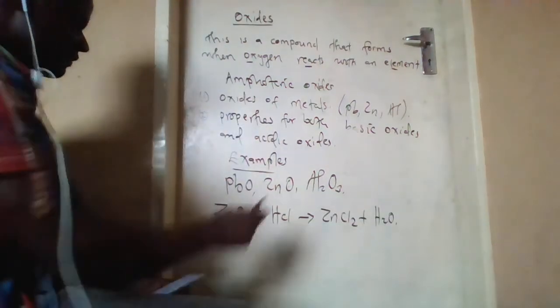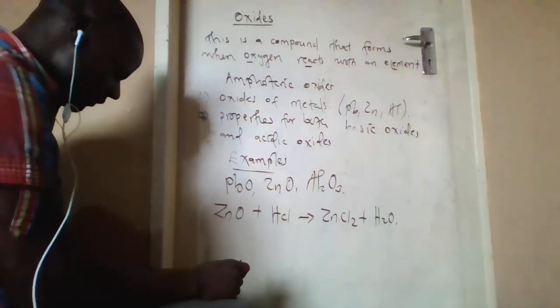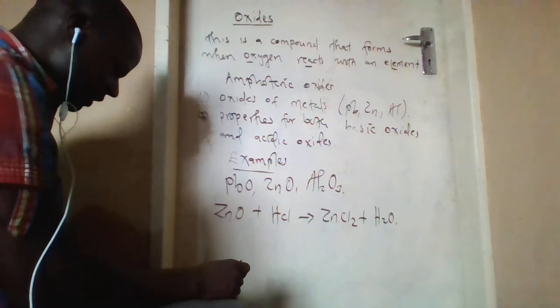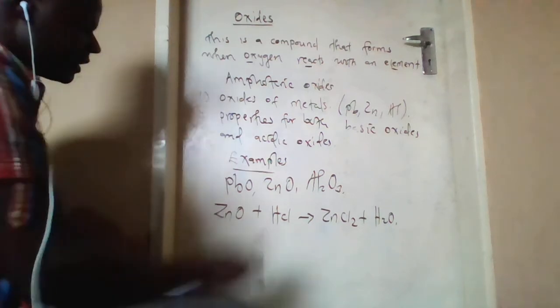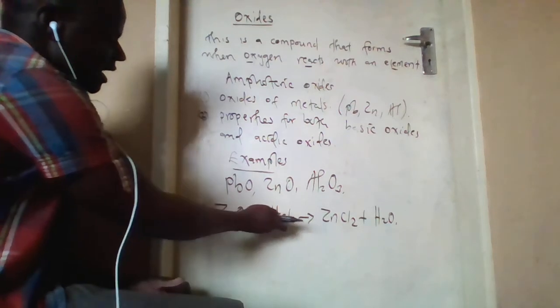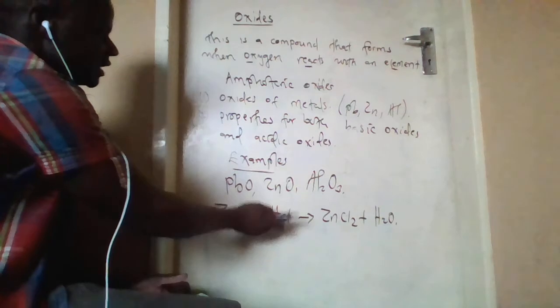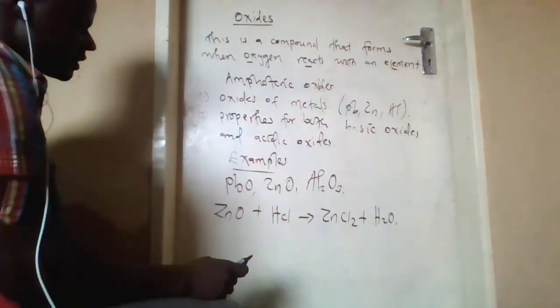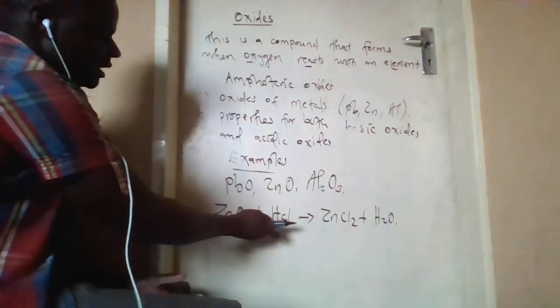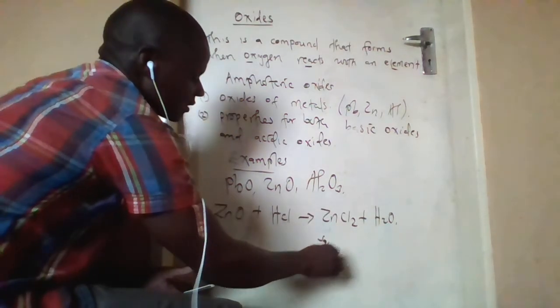We can have such a reaction where zinc oxide, an amphoteric oxide, reacts with an acid, meaning for it to react it should have basic properties. Zinc oxide plus hydrochloric acid forms a salt and water.